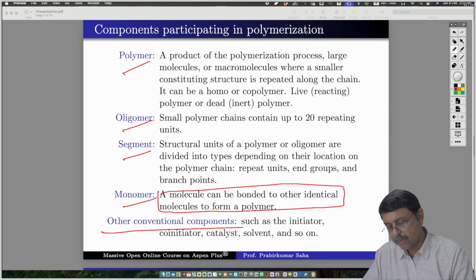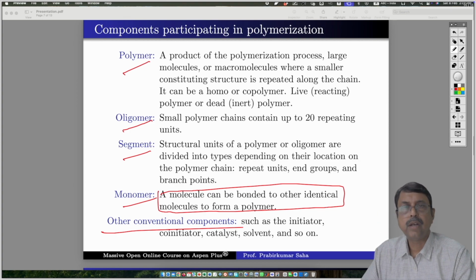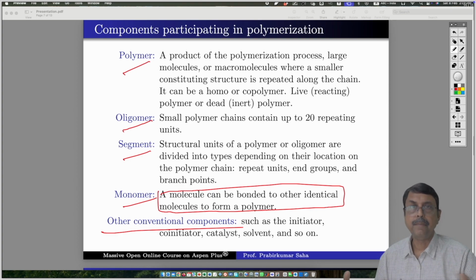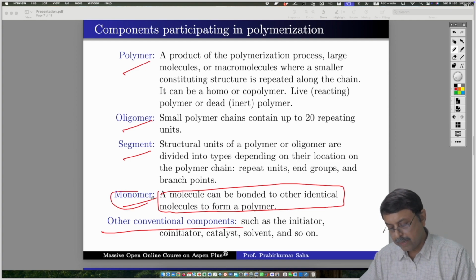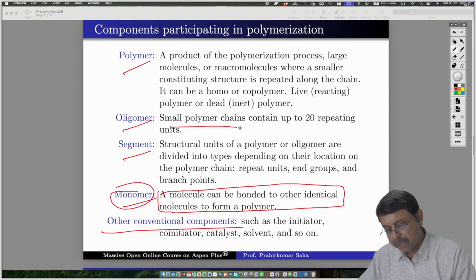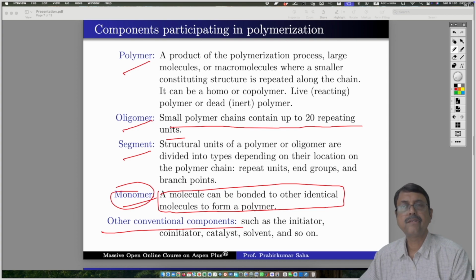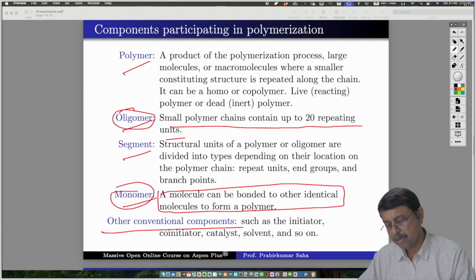As I have already explained in the step growth polymerization and chain growth polymerization, how the monomers build a polymer. So monomer is the single building unit. Then small polymer chains containing up to 20 repeating units. So it's a small chain polymer. Their special name is oligomer. So oligomer means a small chain polymer.